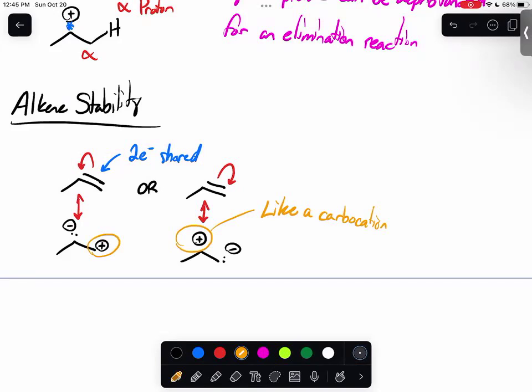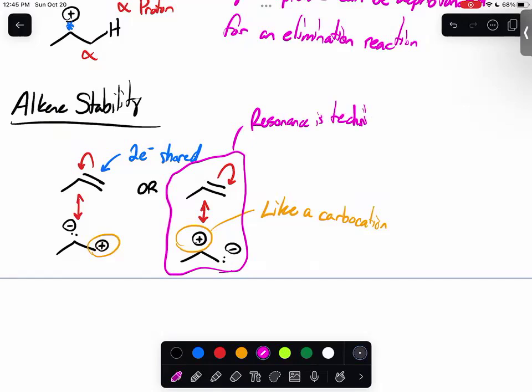Essentially what this means is that this second resonance form right here is technically more favorable, which means that the electrons are actually not distributed equally between the carbons, right? It's telling us that the electrons are actually skewed towards one side or the other.